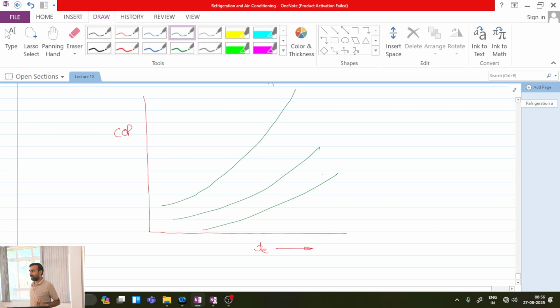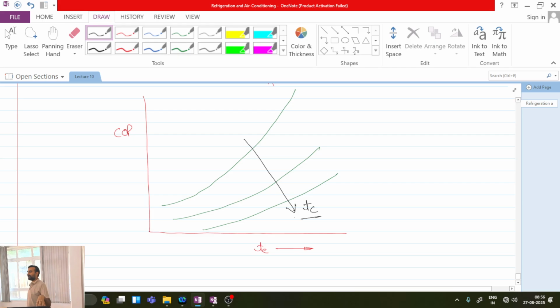Now what are these multiple lines? These multiple lines are multiple condenser temperatures. What will happen with increasing condenser temperature? COP will decrease. So this is the direction of increasing condenser temperature.